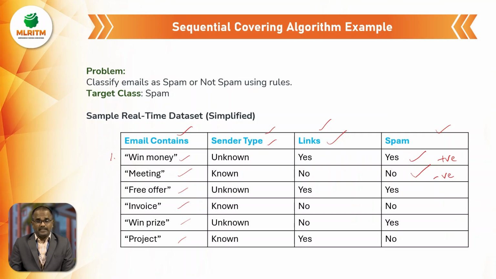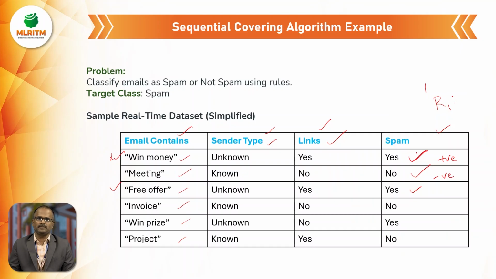Now, after observing this data set, the sequential covering algorithm will try to create rule 1. By observing this data set, it forms one rule. If the email contains win money, free offer, and sender type is unknown, then that email is spam.